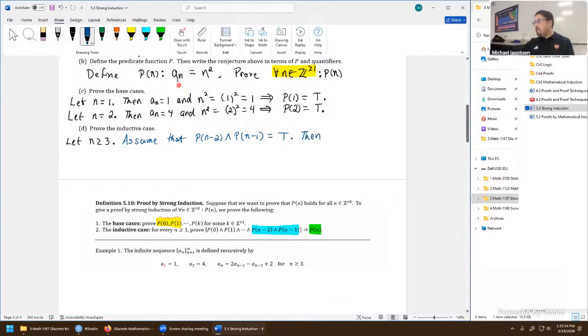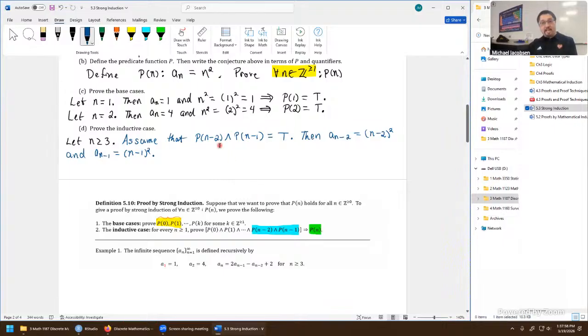Then that means a_(n-2) is going to be (n-2) squared. Same idea with the next one. All we're doing is swapping the index, swapping the base for the input to the predicate function there, n-2. Do it again for n-1. Same song and dance, just different value. a_(n-1) equals (n-1) to the power 2. And that's our inductive hypothesis.